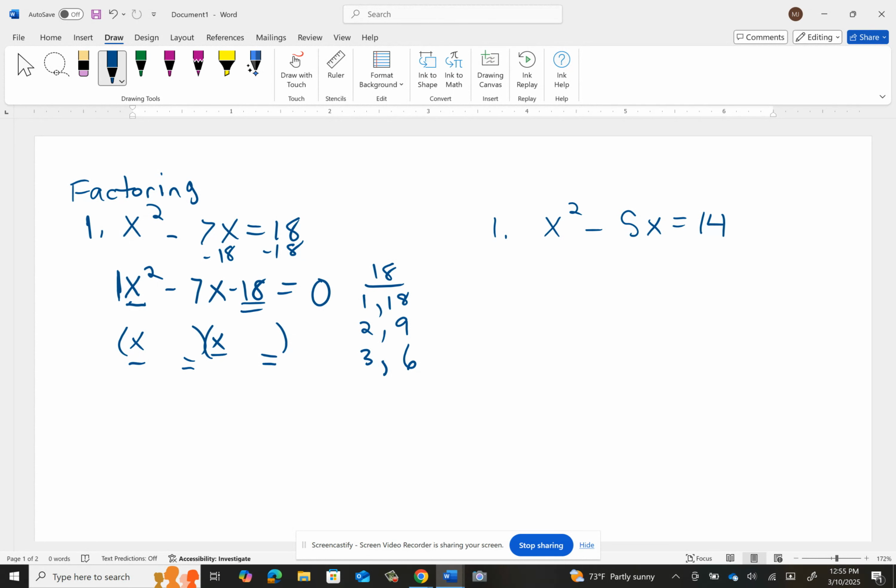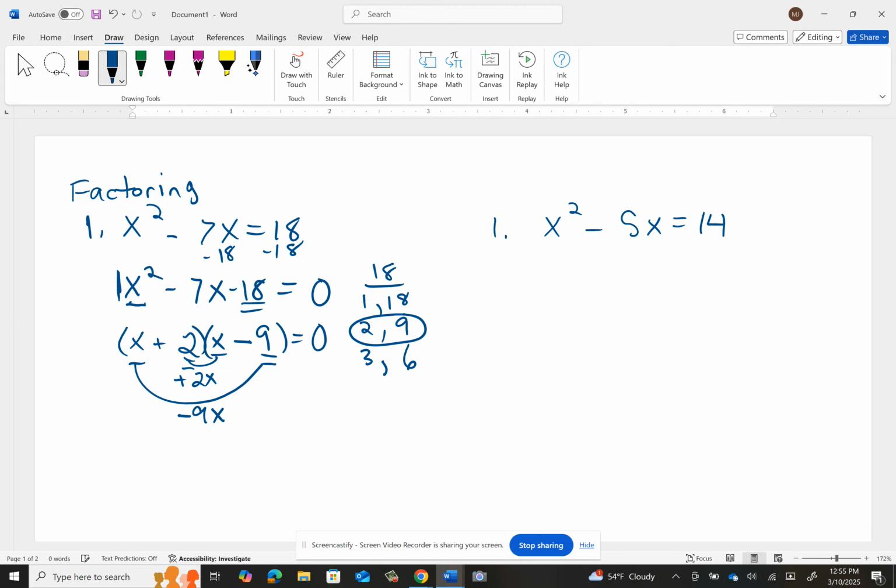So you really are just looking for factors of 18 that could potentially give you a 7. That seems like 2 and 9 would work. So put those in. Then think about when you FOIL out, how the inside 2 and the outside 2 have to combine to give you that middle term. So the 9 would need to be negative and the 2 would have to be positive.